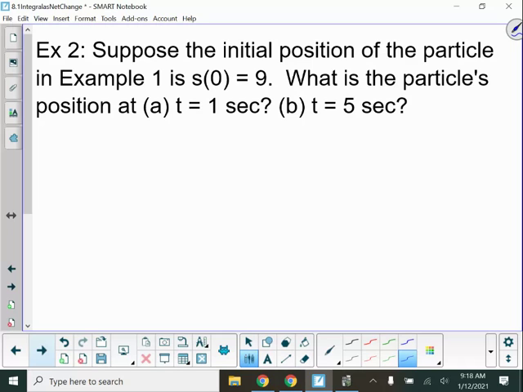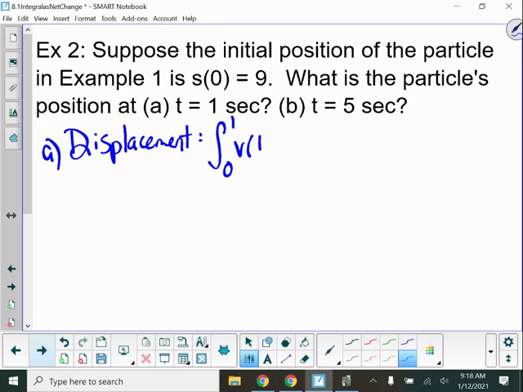So our displacement, for part A, is equal to the integral from 0 to 1 of v of t dt. So I want to know how far the particle moves over the first second, and then I'm going to use that 9 to figure out what my final position is going to be.